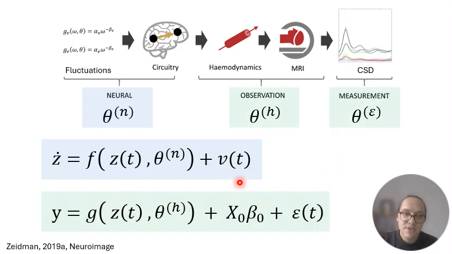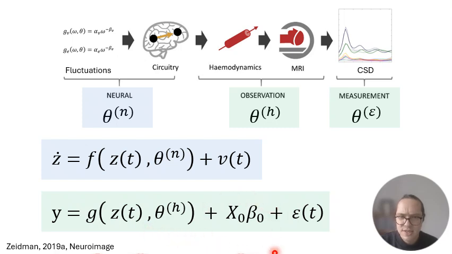We then have our observation function here, G, which shows how the data that we actually are observing is again based on these hidden neuronal states and some hemodynamic parameters based on things like the shape of the BOLD response and the way that veins and arteries dilate when the brain is active. That's stuff which has already been modeled and decided upon, so this can actually stay the same in our spectral DCM.